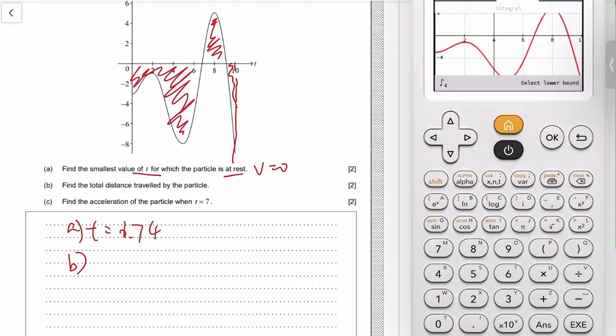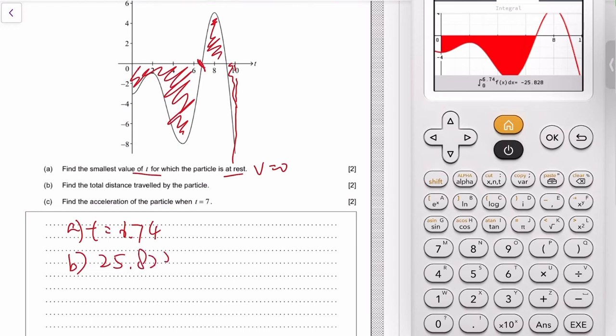So like a lower bound, we'll pick 0. Select an upper bound. So let's say I want to go to this point, which was 6.74. Okay, this is where I realized I should have used more decimal places. Maybe you should. So obviously the calculator would say it's negative, but we will take the positive value.